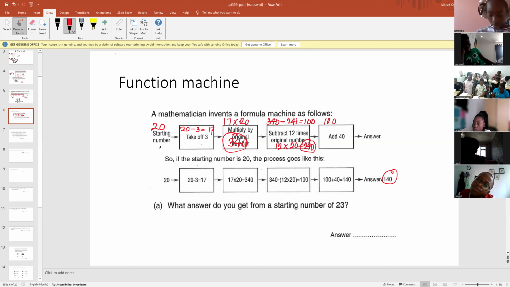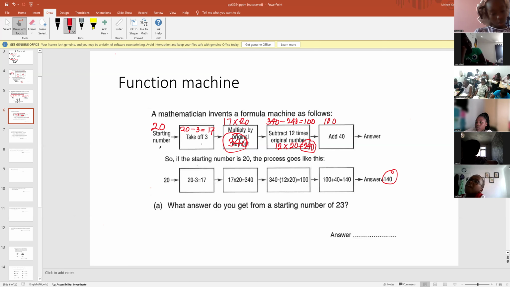It is algebra, because in algebra, it has missing numbers and this happens.